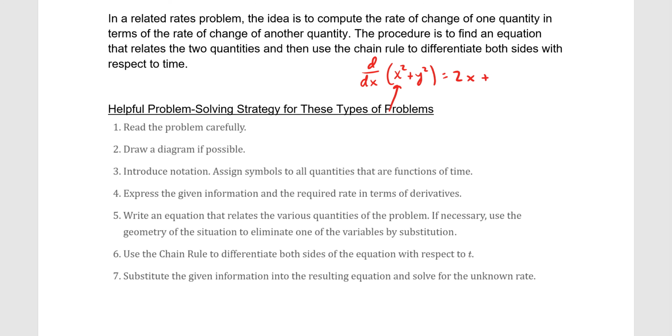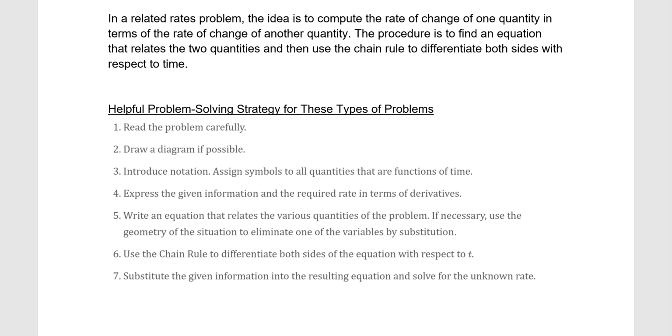And for y squared, that would be 2y times y prime using the chain rule. But now we're going to be taking the derivative with respect to t. So that's going to end up being something like 2x dx/dt plus 2y dy/dt. So now we're going to need the chain rule on both of the variables.